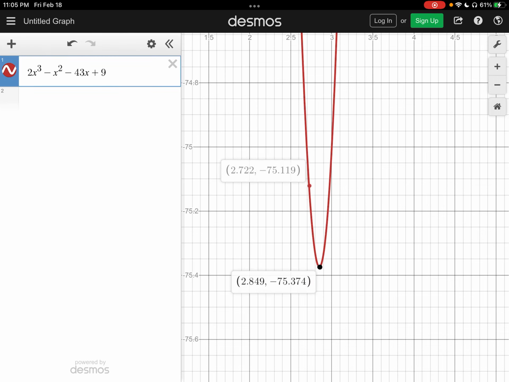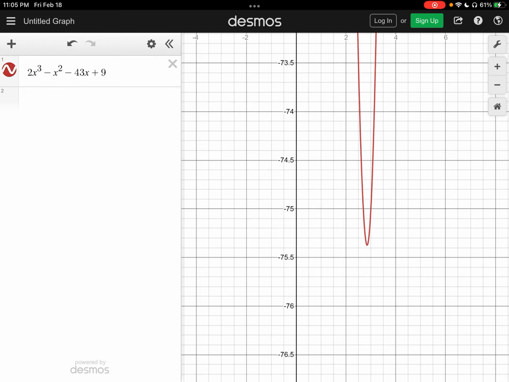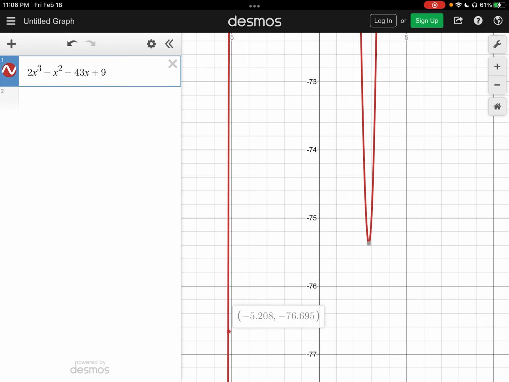Again, if we read it from left to right, following this cursor along, we see the y values go down and down and down, and then start to go up and up and up, right? So somewhere between there, we're seeing this graph turn around. And from here, this graph is traveling down to negative infinity. So the absolute minimum is negative infinity, but this is a local minimum point.